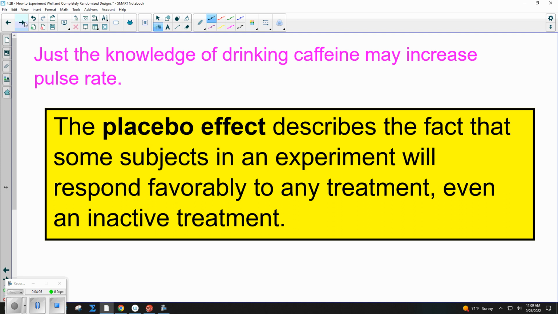The ones that had the actual treatment did better, but even the ones with the dummy pill, thinking positively that they were getting something that helps hair growth, grew their hair too. That's called the placebo effect, which we have to account for, which is why we have a control group. Sometimes we just think positively and something can happen. We can have a result. So that's called the placebo effect.